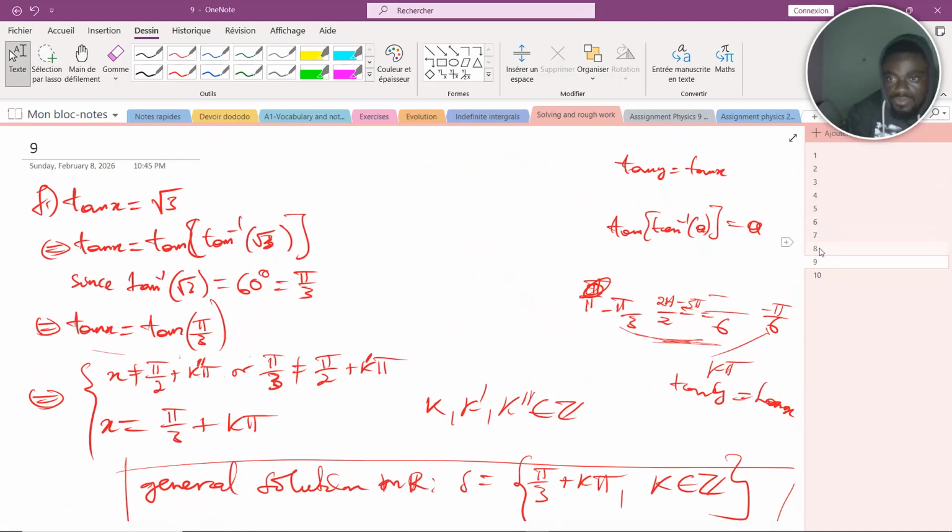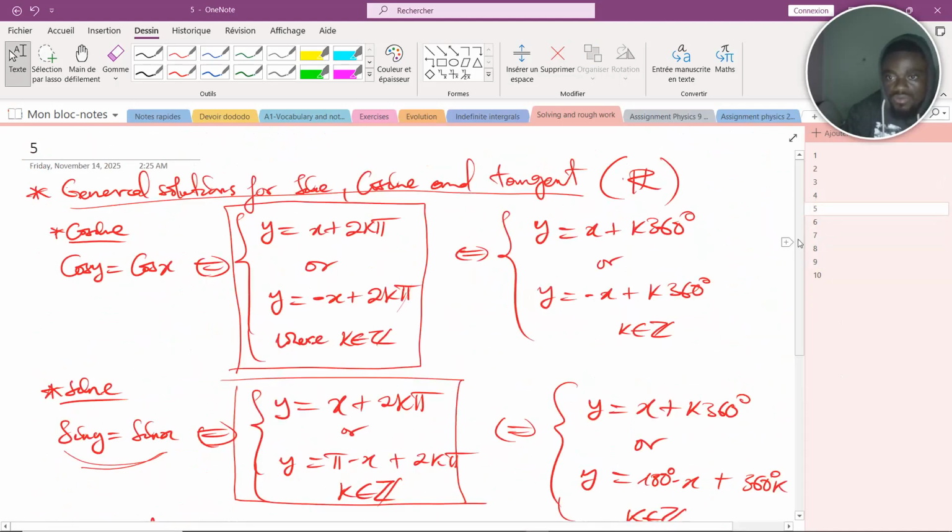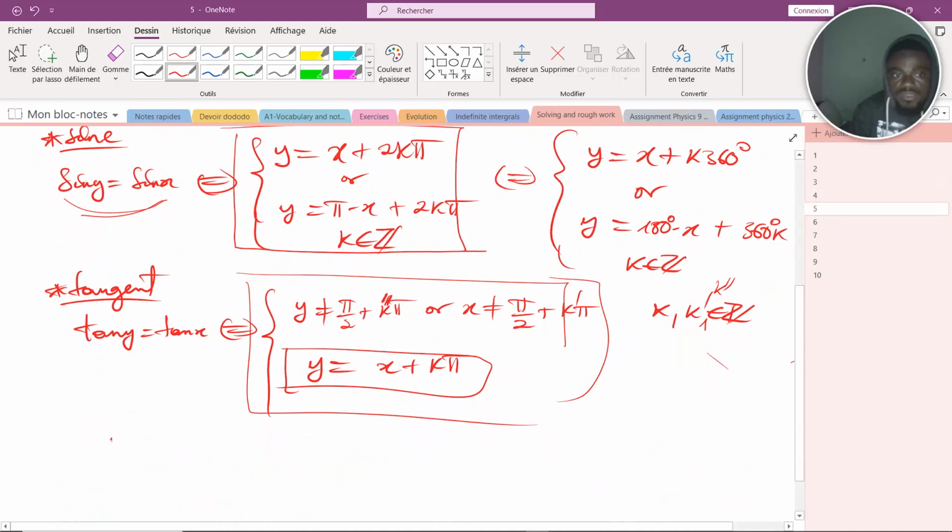So let me go back for us to verify things. This has a solution if and only if you first put the condition on y: y must be different from pi on 2 plus k. It depends on you; you can decide to call this k, k second prime, and here k prime.